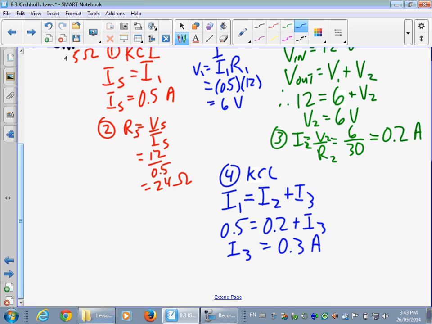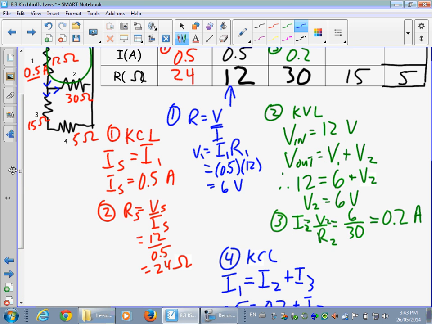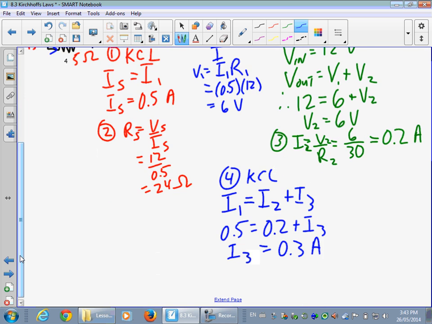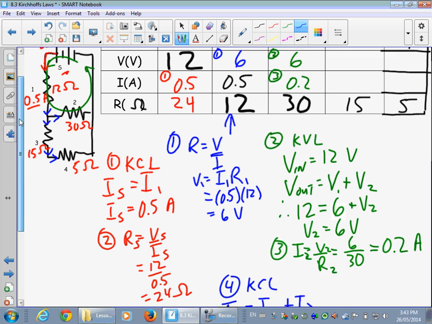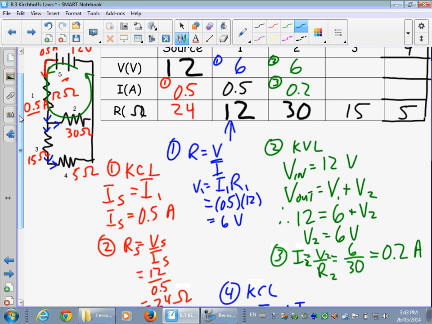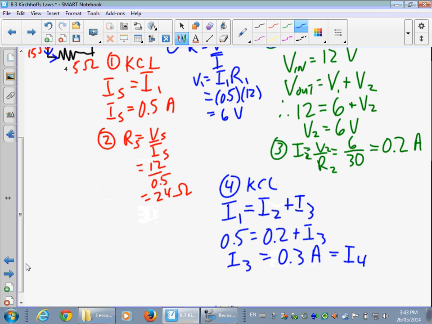You'll also note that the current going through 3 has to be the same as the current going through 4 because there's no place for it to split up. That's also part of Kirchhoff's law, so we can say that's equal to I4 as well. So we can look at that as step 4, and that is 0.3, and that is also 0.3. From there, we can use Ohm's law in step 5.